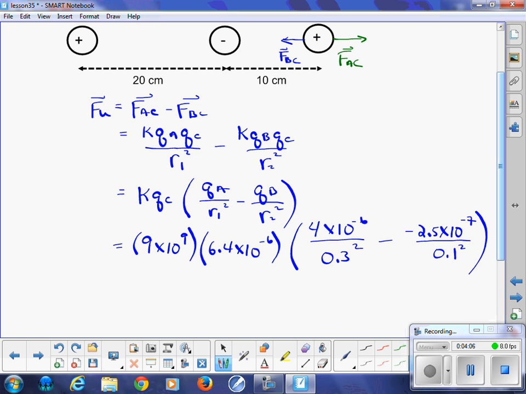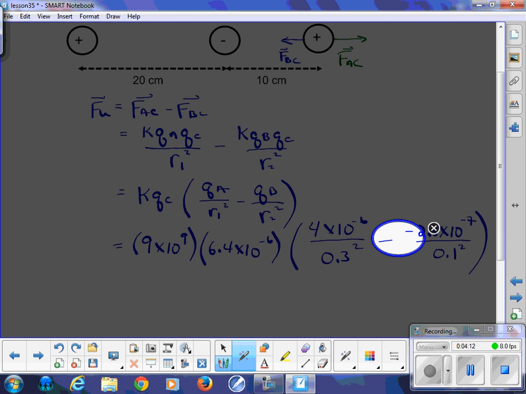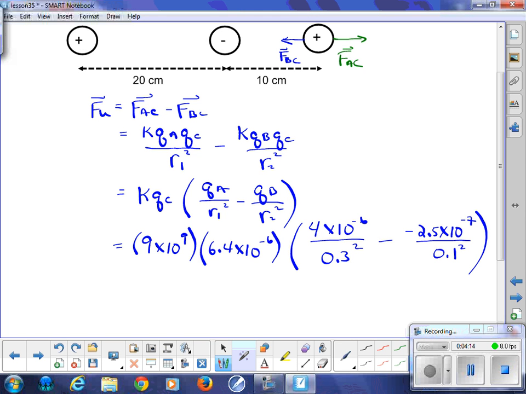So you'll notice that you are subtracting a negative here. So just be careful of that when you're using your calculator. When you go through and punch that all out, you get a net result of 1.12 newtons. And it will be to the right because it is a positive solution.